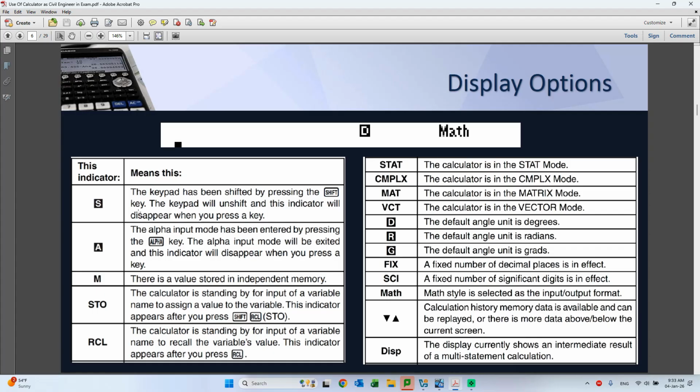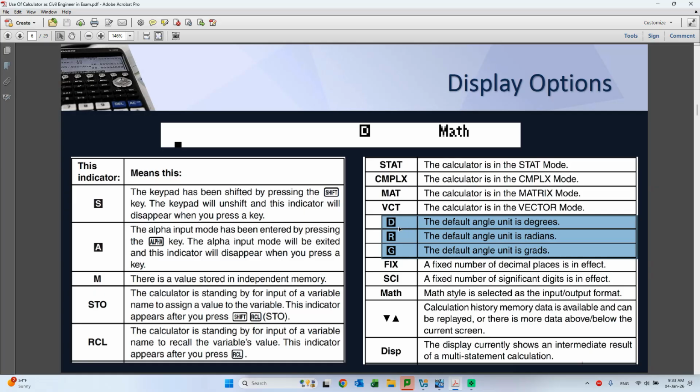S stands for something, A stands for something. Those are important to know before starting the calculation, especially when you're dealing with degrees in the survey courses, or some of the courses where you need to change the degree to radian, especially when you're dealing with addition of angles or calculation of angles.